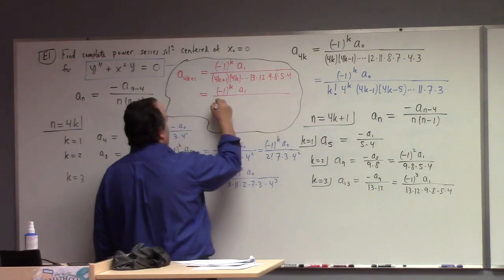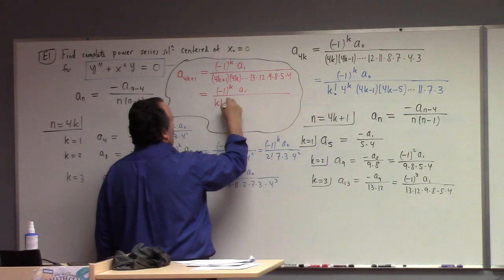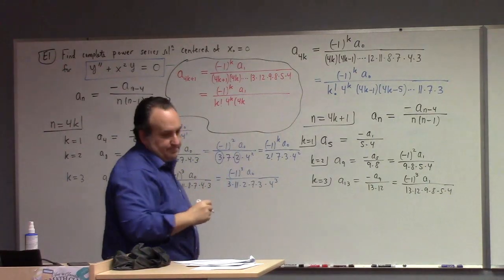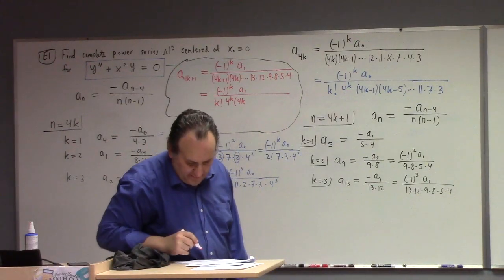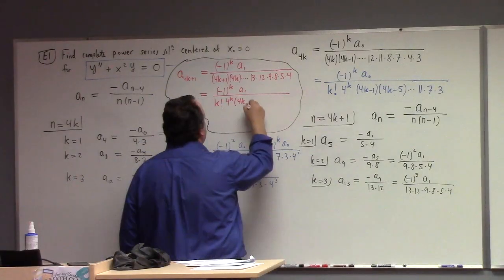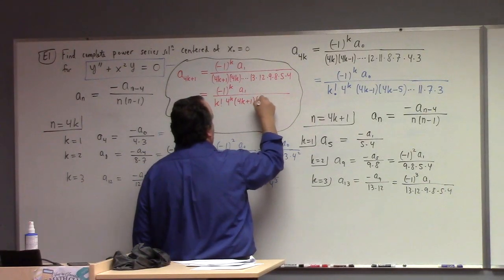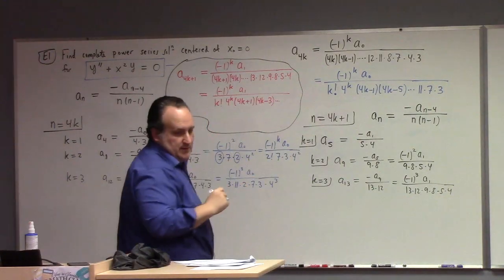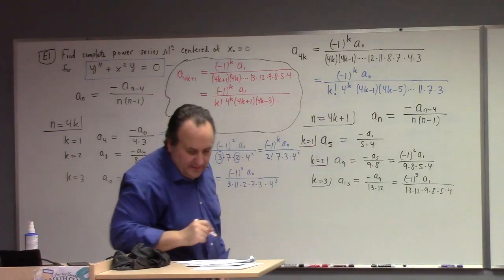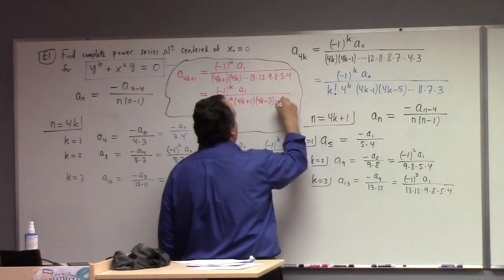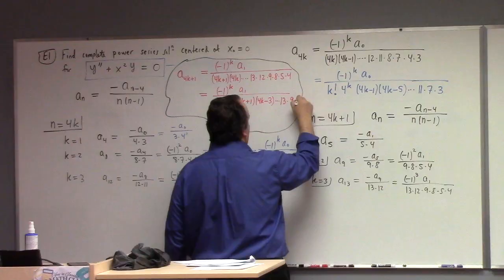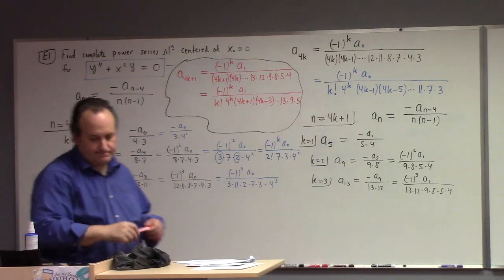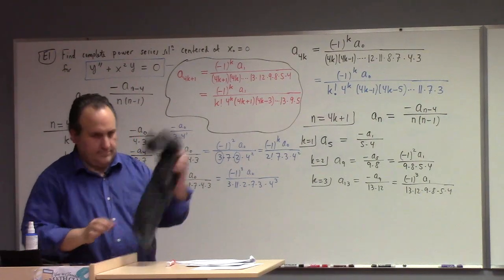So there's a k factorial, 4 to the k, and that leaves you with 4k plus 1 times 4k minus 3, and on down until eventually all you're left with is the 13, the 9, and the 5. All right. Es bueno.